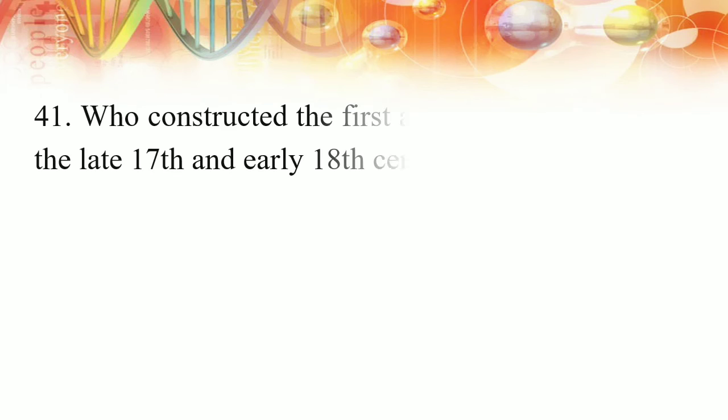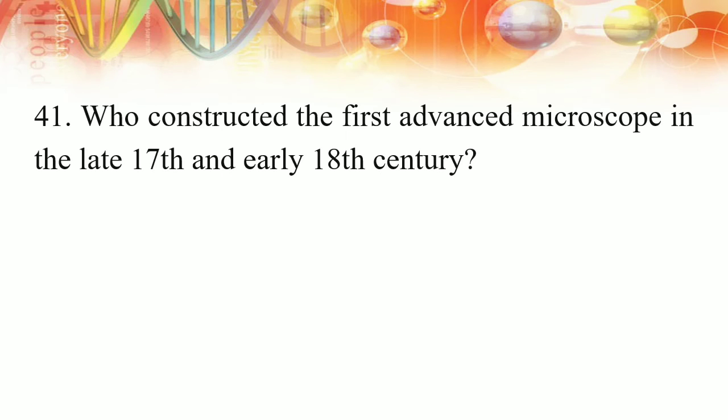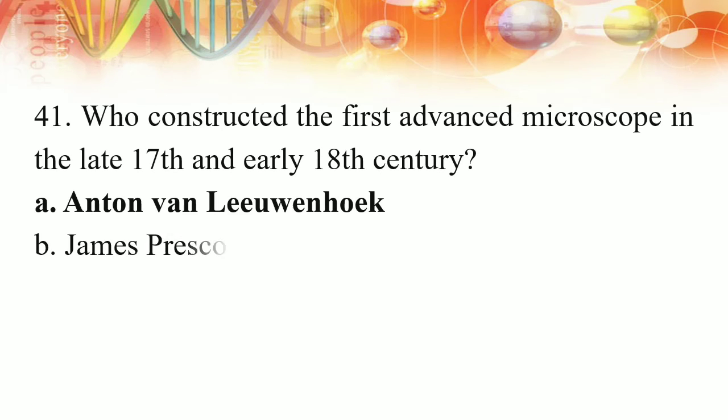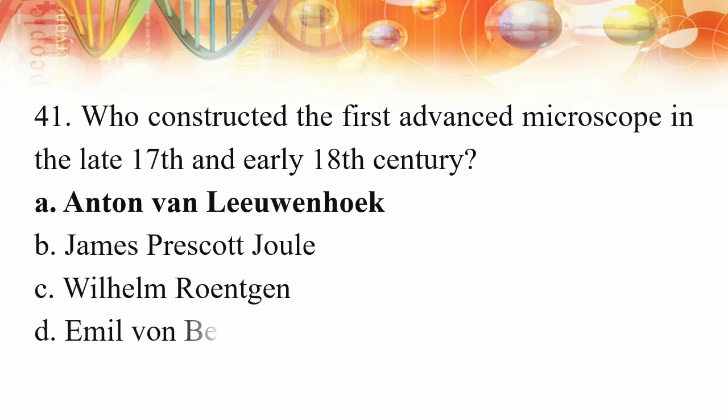Number 41. Who constructed the first advanced microscope in the late 17th and early 18th century? A. Anton van Leeuwenhoek, B. James Prescott Joule, C. Wilhelm Röntgen, D. Emil von Behring. Emil von Behring is the one who introduced in the 1900s the serum from immune horses as a method to cure and prevent diphtheria.